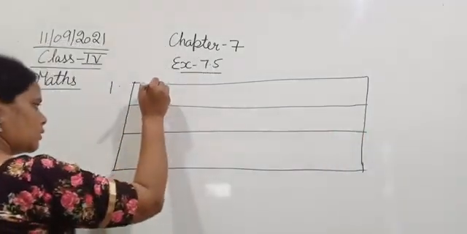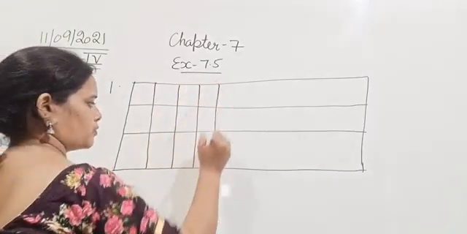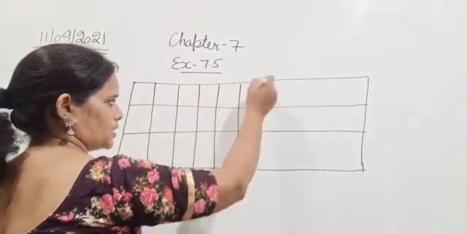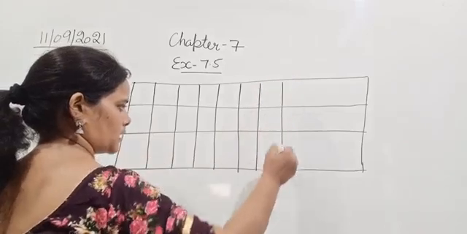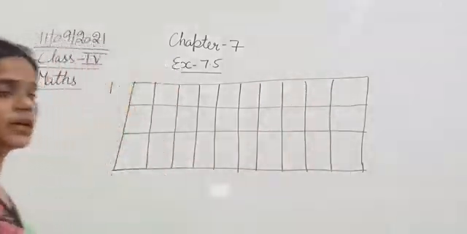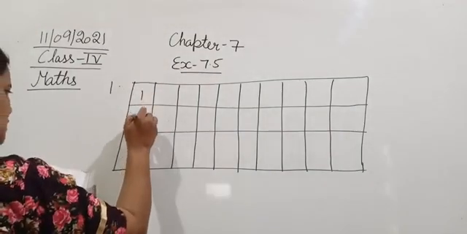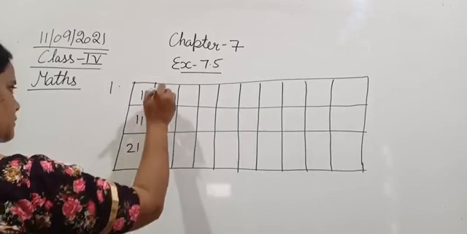Then 10. 1, 2, 3, 4, 5, 6, 7, 8, 9 and 10. So the numbers that are written here is 1, 11, 21.